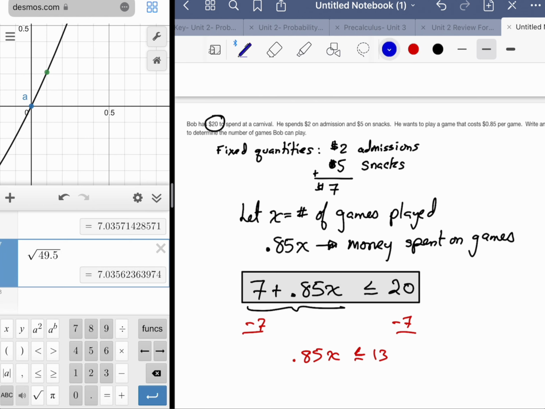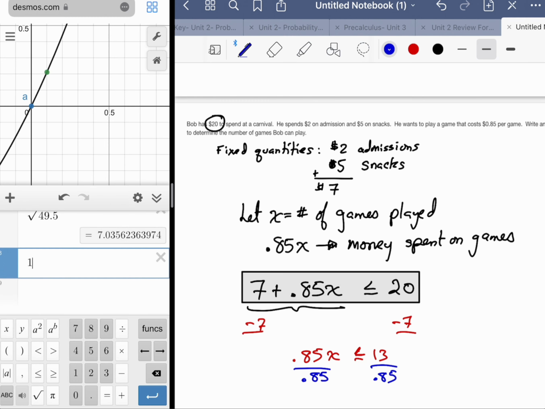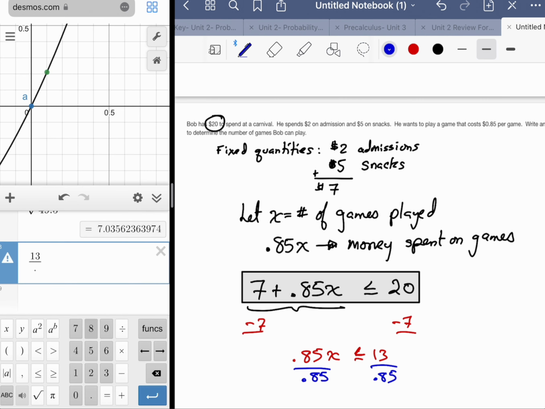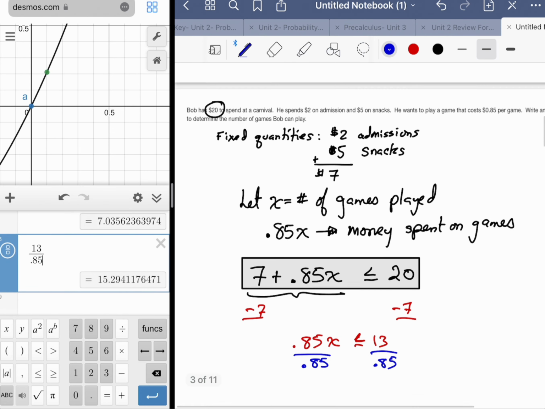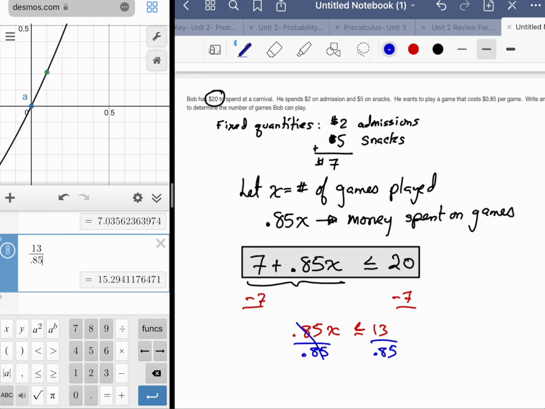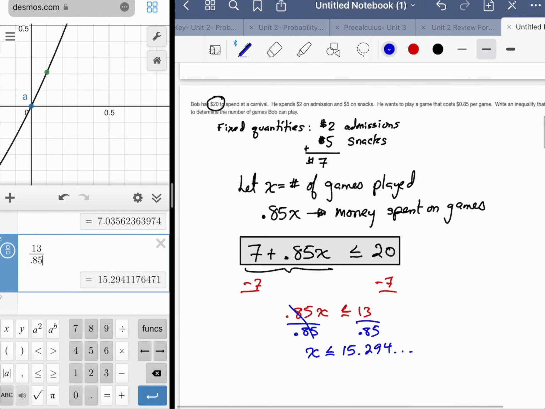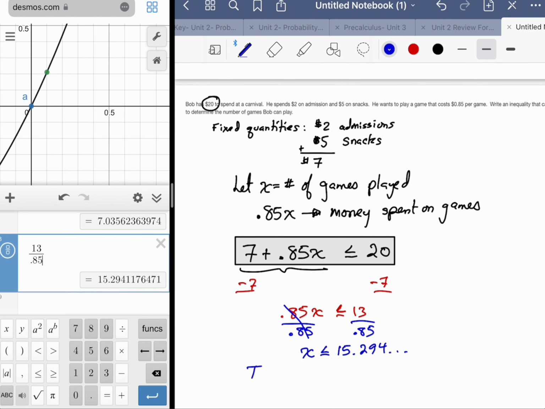Then I divide both sides by 0.85. So then I would just say 13 divided by 0.85. So x would have to be less than or equal to 15.294, blah, blah, blah, which would tell us that he would not be able to go over 15 games. So the most number of games he would be able to play would be 15.